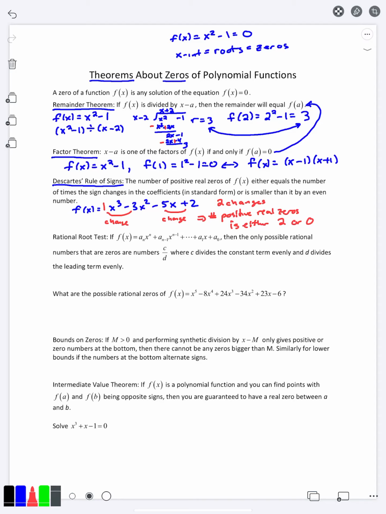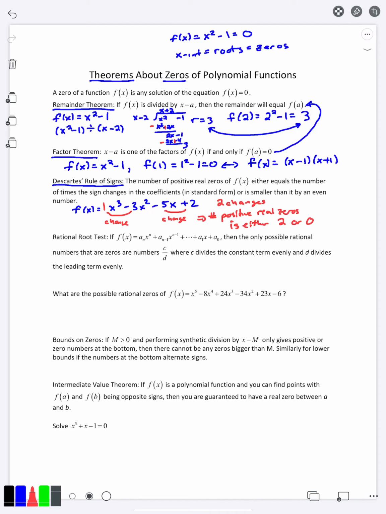So what Descartes' rule of signs tells us is that there's either 2 positive roots or there's no positive roots. And that's it. It doesn't tell us which one of those is actually true. It doesn't tell us what the actual roots are. All it does is tell us the possible number of positive real roots.